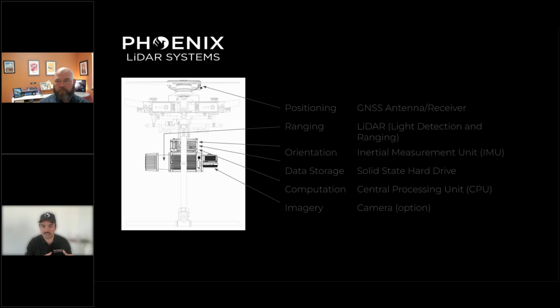You need the laser itself. You need the IMU, which is going to tell you the orientation of the laser on the drone, whether your pitch, roll, and your yaw. You need a way to store that data. You need a computer to get it all to talk to each other. And in most cases, you're also going to want a camera to colorize that data and collect imagery while you're collecting the LiDAR data as well.